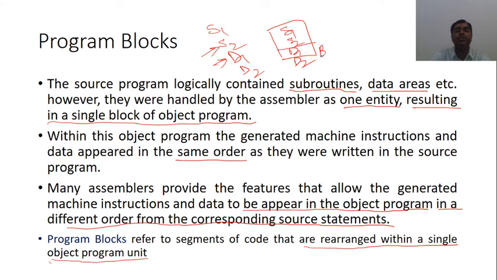Suppose that I have taken block 2 for D1 and D2 and block 1 for S1 and S2. These statements can be rearranged in a single object program. Rearranged means what? B1 and B2 can be rearranged. That means either we write B2 first or B1, it does not matter.